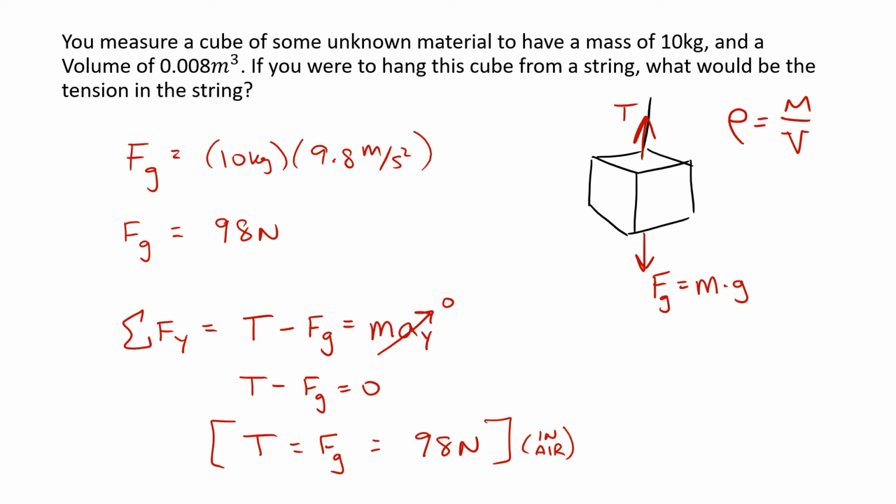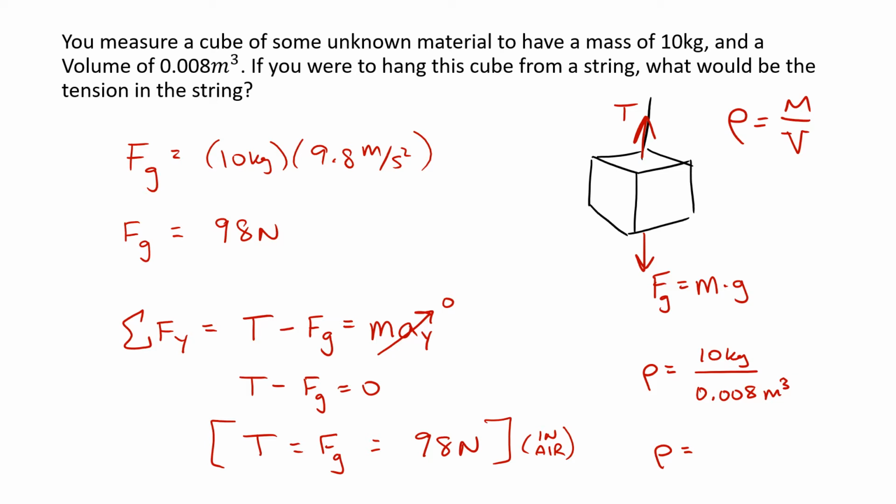So the density of this object is 10 kilograms over 0.08 cubic meters. Someone with a calculator, let's check that. It should equal what I have.